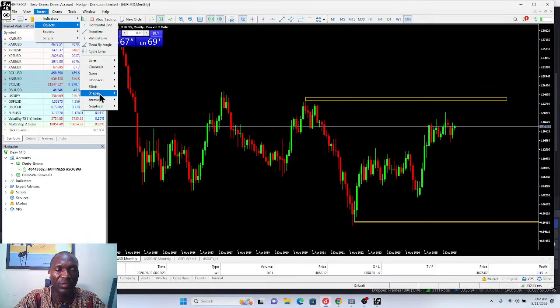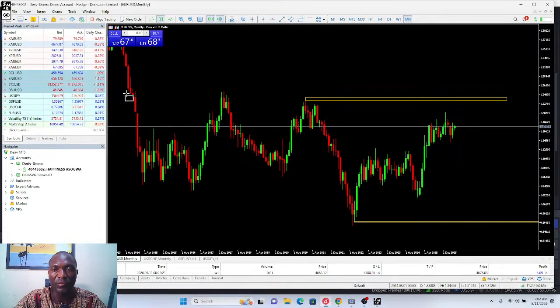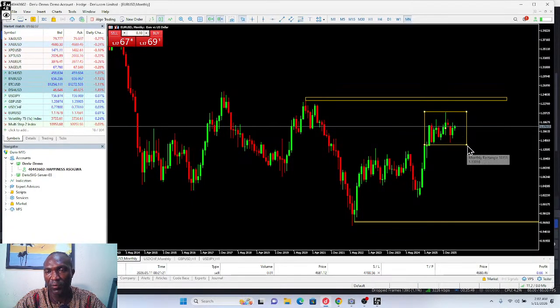Which pattern do I see there? I can see a pattern here. So this pattern is what we are looking at now for this particular market.